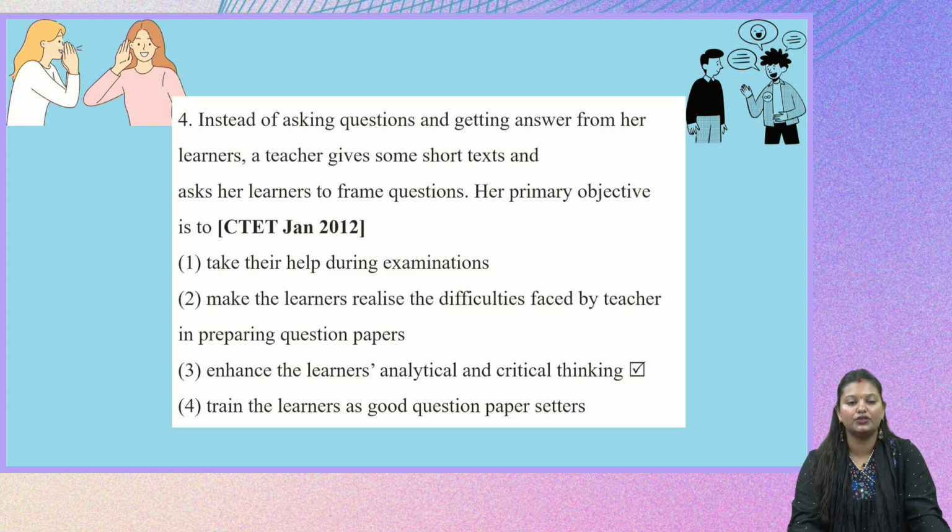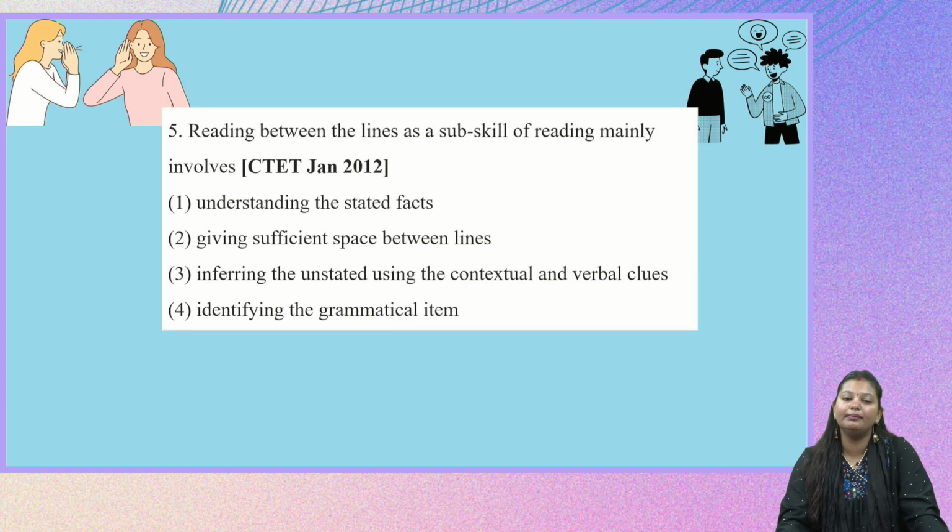Coming to the next question, reading between the lines as a sub-skill of reading mainly involves. So a lot of the times we will ask our students to try to read between the lines. This is a sub-skill of the reading skill. So what are we expecting our students to do here?